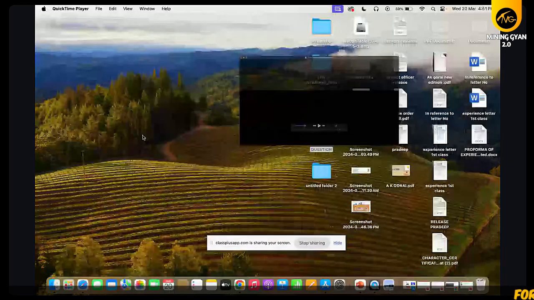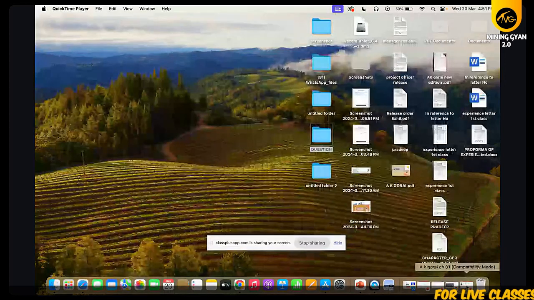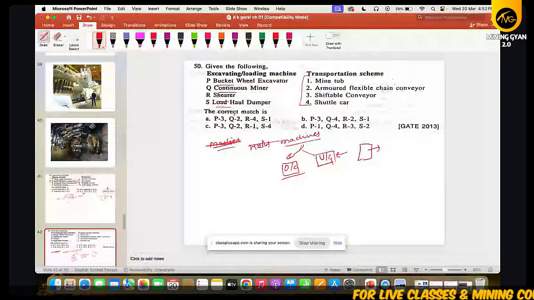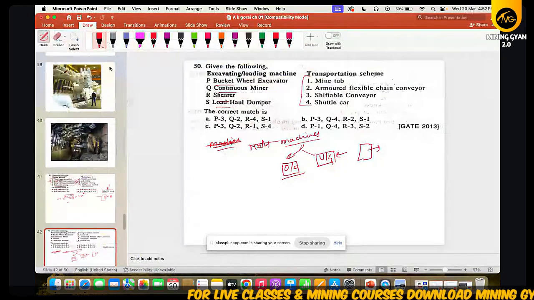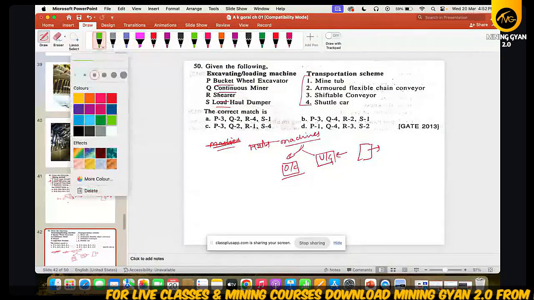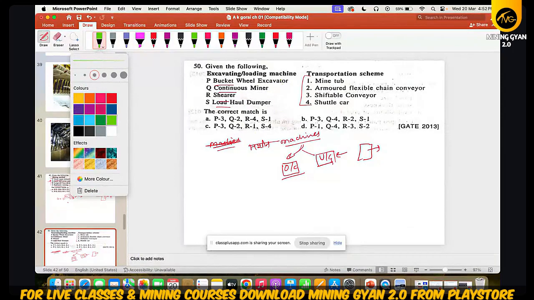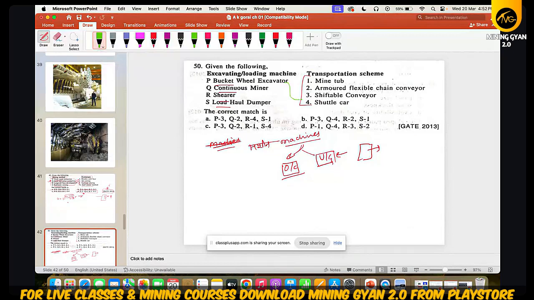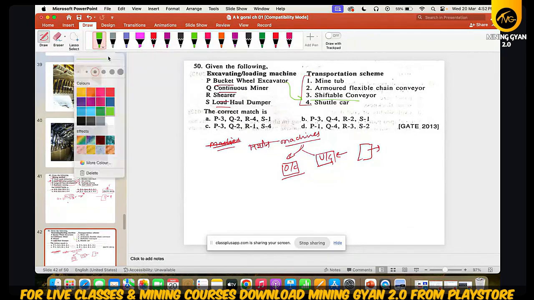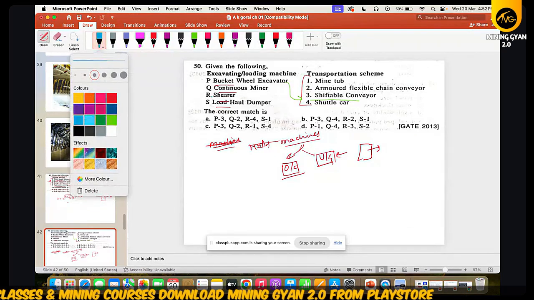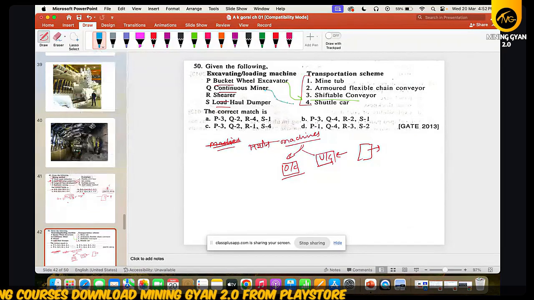So come to our question. Yes. So we have seen the bucket wheel excavator. In the bucket wheel excavator, we have seen that the conveyor can be shiftable. So in the bucket wheel excavator, you use the shiftable conveyor, and in the continuous miner, I have told you that the shuttle car is used.